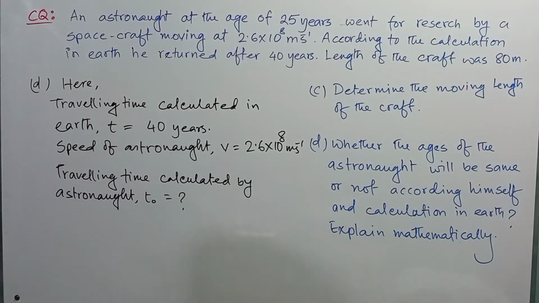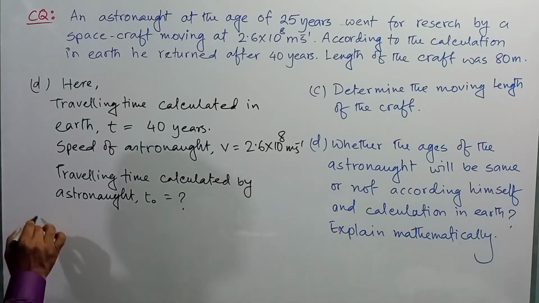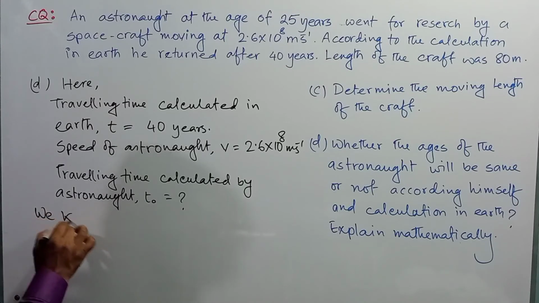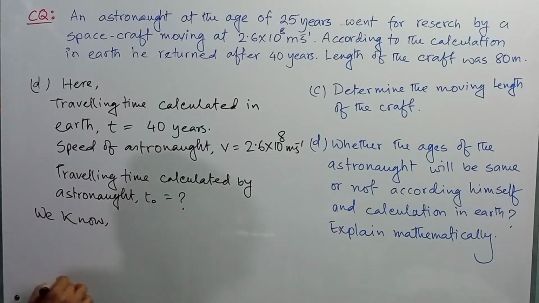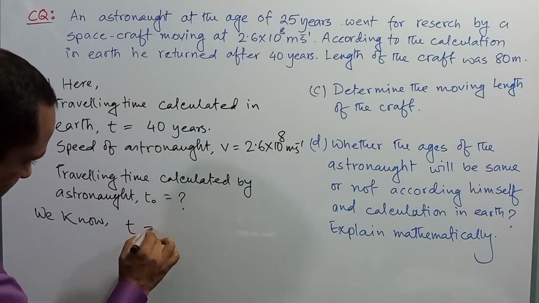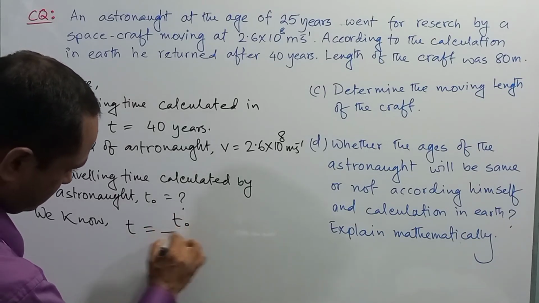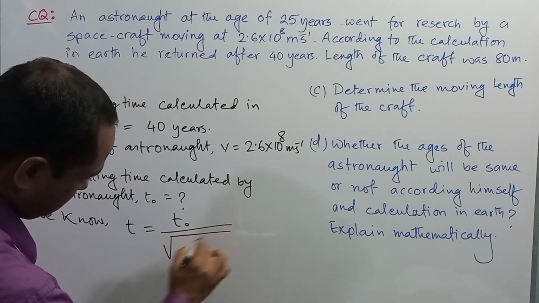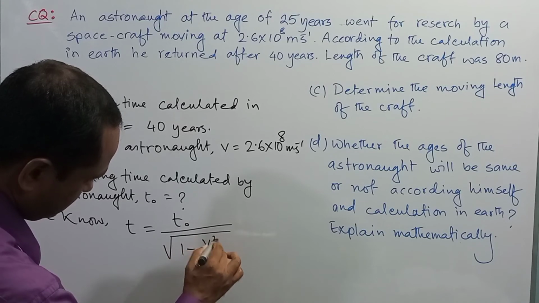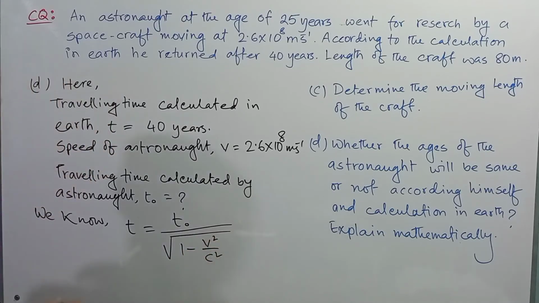Okay. So dear student, you know the relation between T and T naught: T is equal to T naught divided by square root of 1 minus V square by C square.